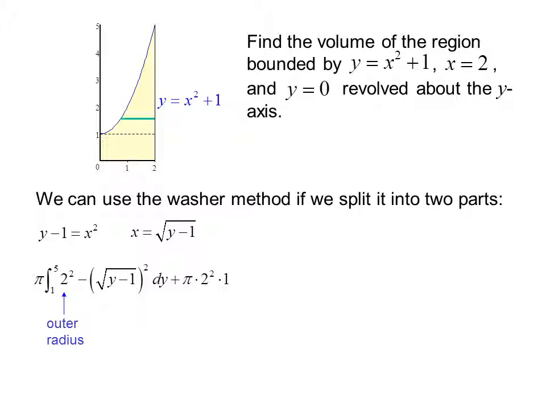So we have the outer radius squared minus the inner radius squared, the thickness of the slice is dy, and we have to add the volume of the lower section, which is a cylinder.